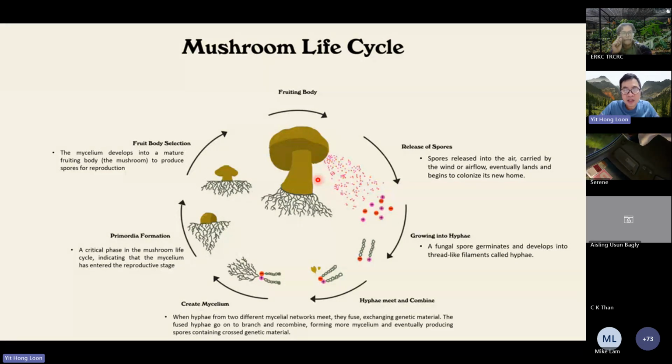It needs an external party, such as an animal, to help it spread the spores. When you pluck the mushroom, you are also helping it to spread its spores. You are not harming the fungi at all.